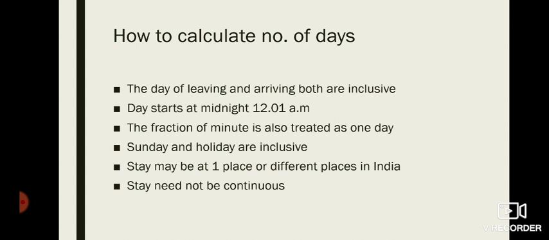Let us assume total 130 days I was in India, and the remaining days I was outside the country. This means the days need not be continuous. Some days I have stayed in Belgaum, some days in Bangalore, some days in Delhi. All the total is calculated and considered while finding the total number of days of stay in India.